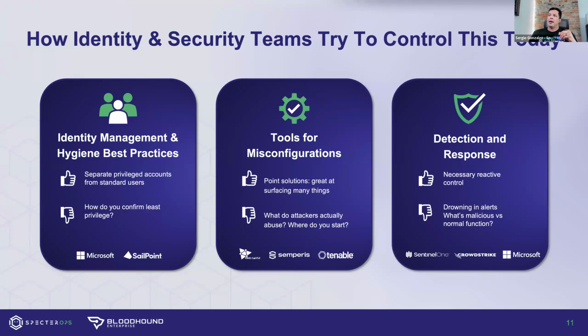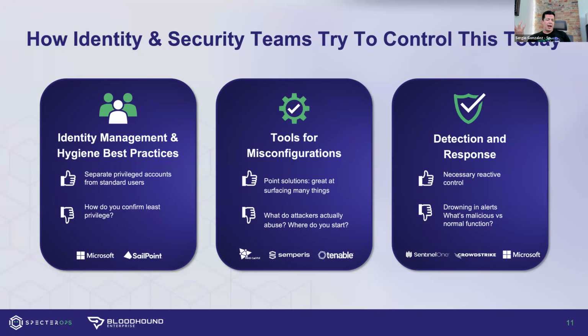And we also see detection and response as really a necessary reactive control. This is really there because we're trying to treat the symptoms of everything that's going on in Active Directory, all the misconfigurations, the attack paths that we know are there. We need something that is going to help react to those things.